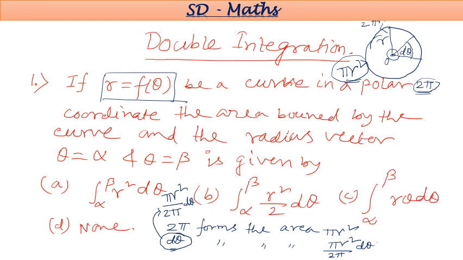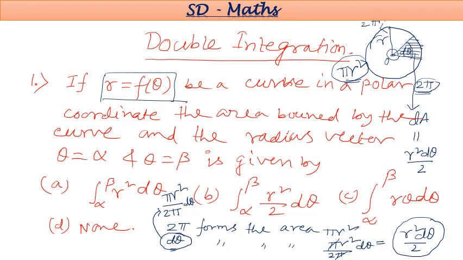So after calculating, we will have r square d theta by 2, right? Now this gives the small shaded area. Suppose I am writing this area as dA. So this dA is given by r square d theta by 2, right?